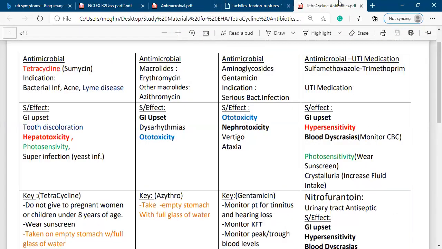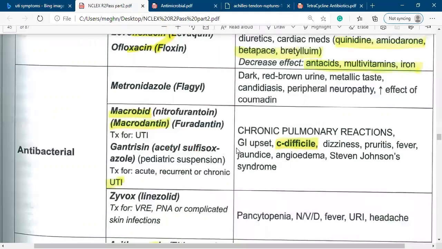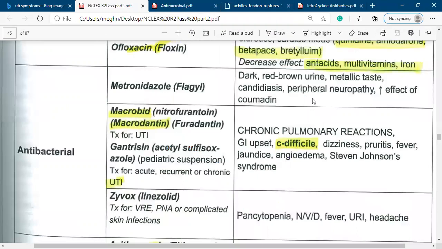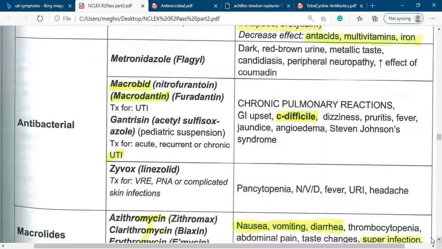So metronidazole and Coumadin, if you give them together, increase the effect of Coumadin. So not together. Coumadin and metronidazole increase the effect of Coumadin, so the patient may develop a bleeding tendency.